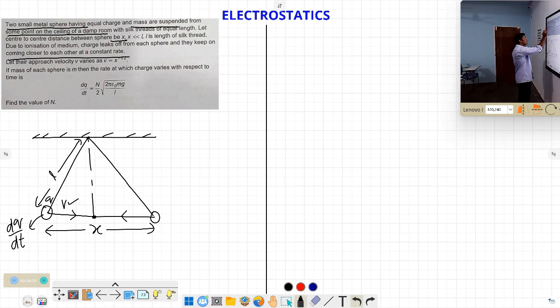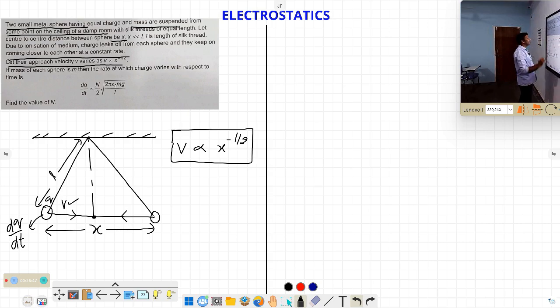That is given here. Let their approach velocity v vary proportional to x power minus 1 by 2. That means the speed with which they come together is proportional to x power minus 1 by 2. Now, if the mass of each sphere is m, then the rate at which the charge varies with respect to time, dq by dt, is the loss of charge, the leaking of charge. Due to this, the spheres gain velocity towards each other.